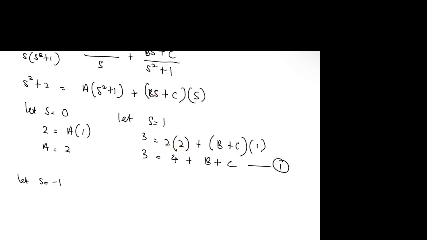Equation number 2, let s equal to minus 1. So we have minus 1 square is 1, 1 plus 2 is 3. a is 2. Minus 1 square, minus 1. So we have 2 plus minus b plus c times minus 1.